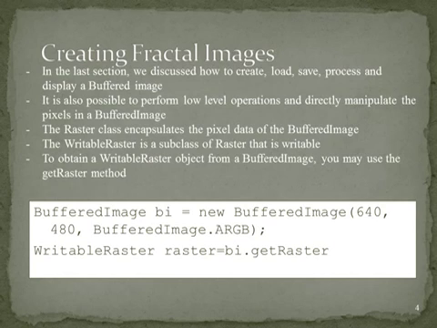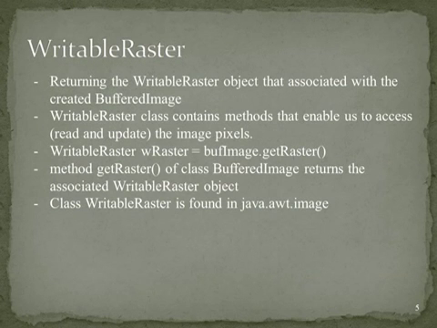To obtain a WritableRaster object from a buffered image, we may use the getRaster method. So BufferedImage bi equals new BufferedImage of a certain dimension, and the raster equals bi.getRaster.